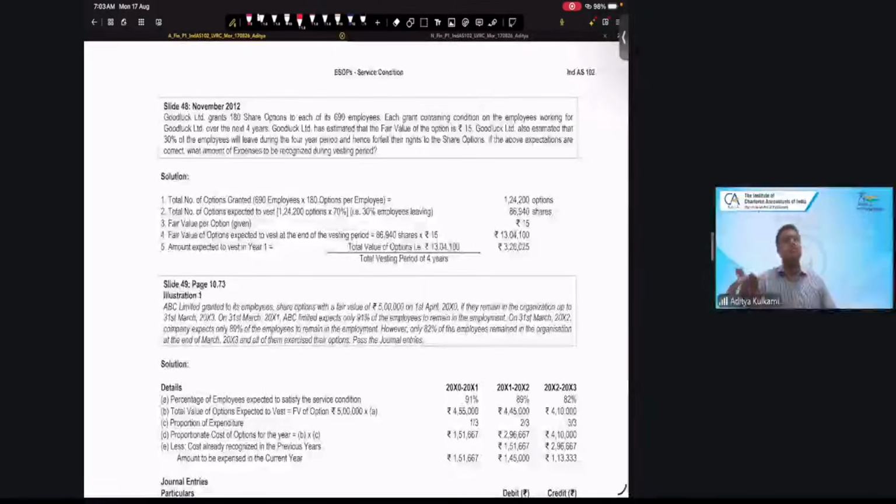Examples are your ESOPs, where the transactions get settled in own equity shares. And your cash settled plan, best example is share appreciation rights, what we call as SARs. In which case transactions are settled in cash, but based on the entity's own share price.